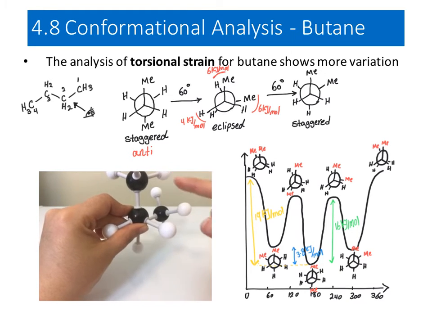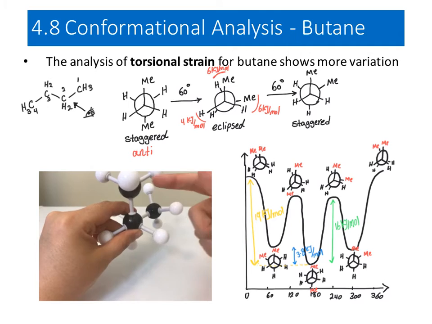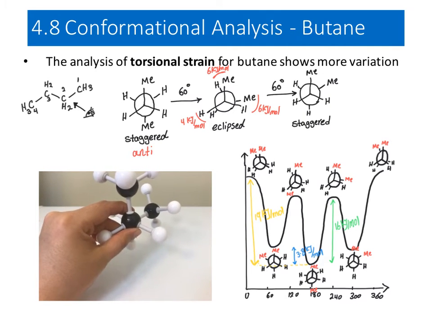The basically groups are not eclipsing one another, but these methyl groups are very close to one another, so they still have an interaction, and that interaction costs about 3.8 kilojoule per mole. And this specific staggered structure, we call that gauche structure.